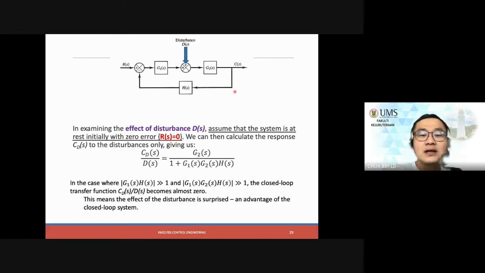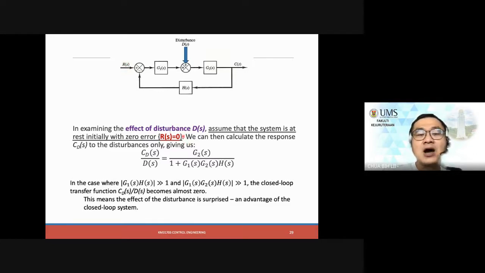To investigate the effect of only this disturbance, you can see that in this system we have two inputs: the disturbance and the normal input Rs from our typical block diagram. In order to see only this effect, we will assume that this input Rs equals 0.